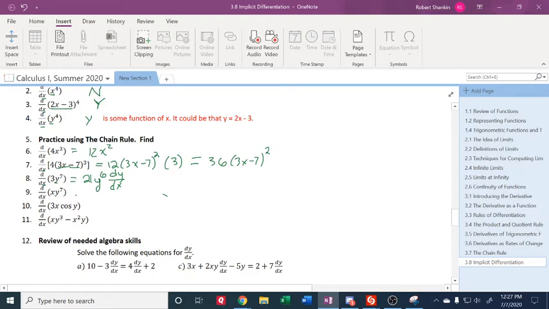Alright, so let's do this next one. Let's take this, we're kind of running out of space. Take the derivative of this with respect to x. Now to do this though, we have to ask ourselves this question.